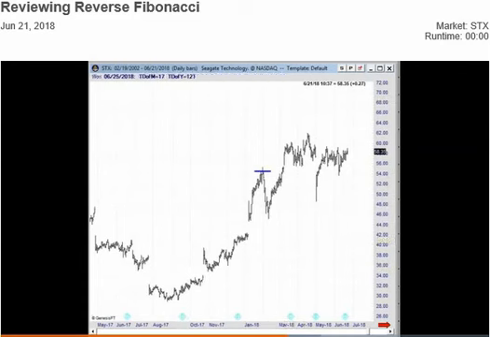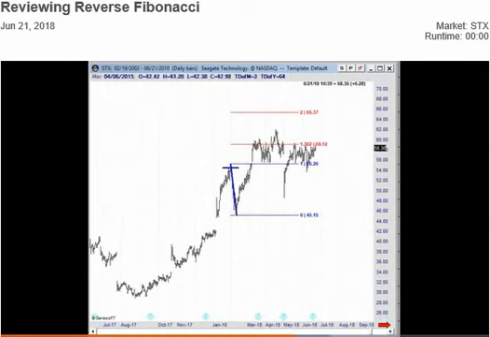To identify the extent of the next advance, I would measure that move down and then project it upward from that low by 1.382. As you can see, that targets another very nice area for prices to shoot for.